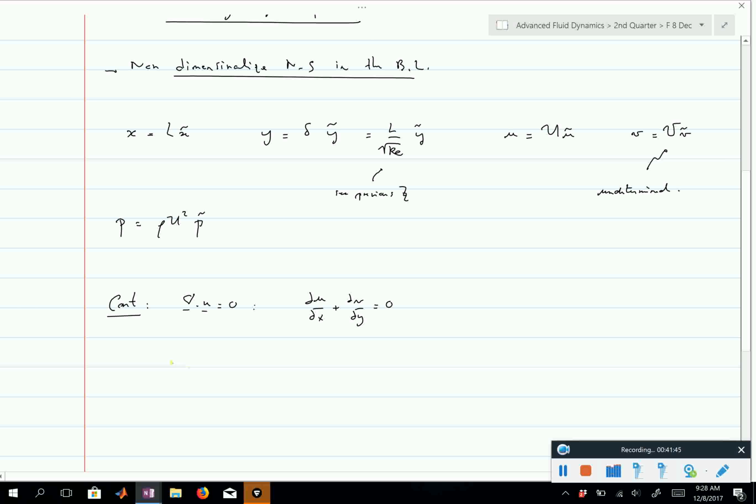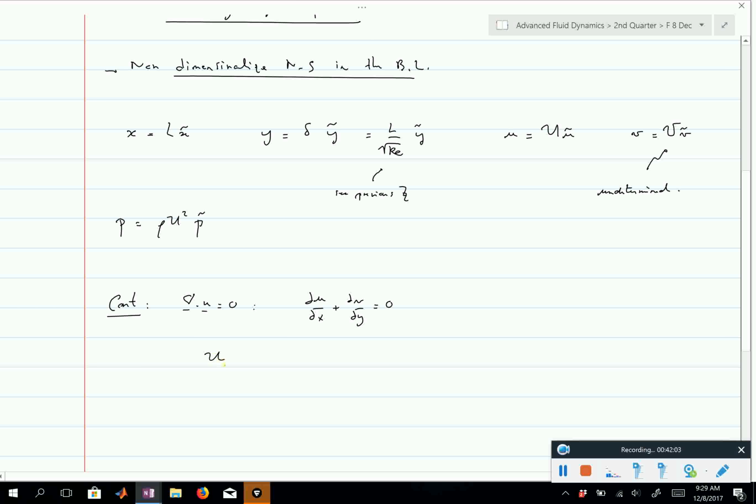So when you non-dimensionalize it, I'm going to have a capital U coming out of this U, and I'm going to have an L coming out of here, and a V coming out of this, and a delta, or an L divided by square root of Reynolds number coming out of here. So I'll just write it directly.